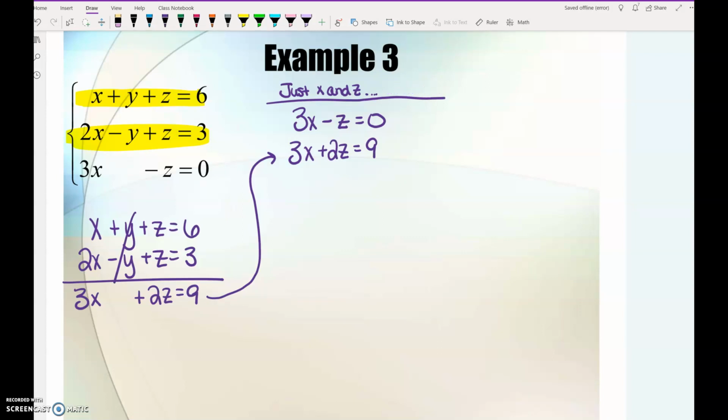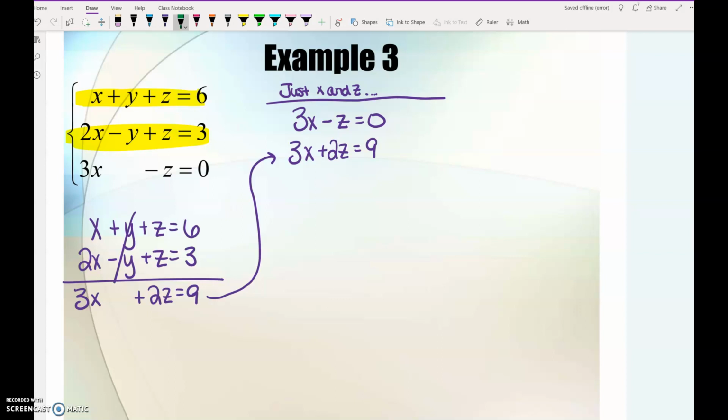Now I need to eliminate something else. We could multiply the top equation by 2 and eliminate the z's, or we could multiply everything in one of the equations by -1 and eliminate the x's. I think multiplying by -1 means I have to show less work, because if I multiply by 2, I have to rewrite them.